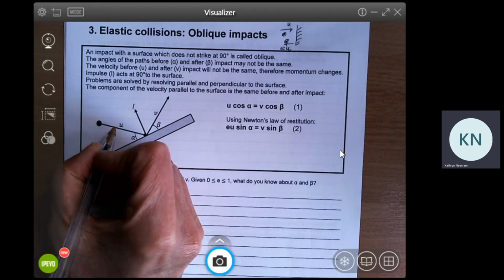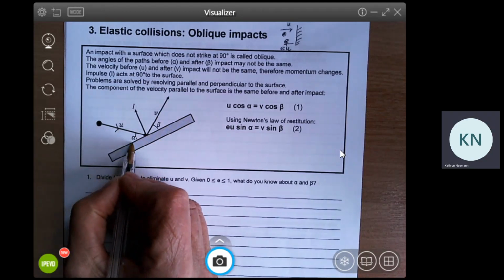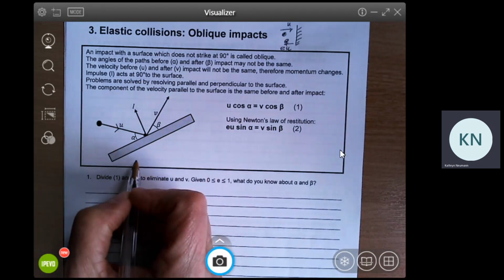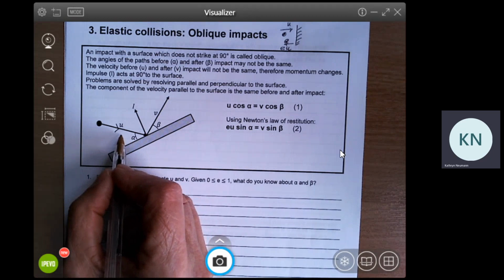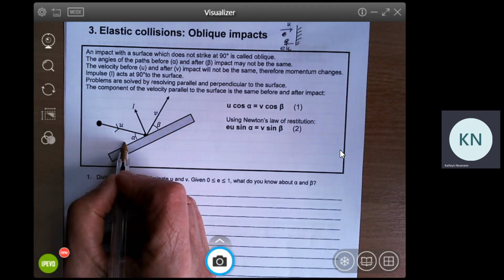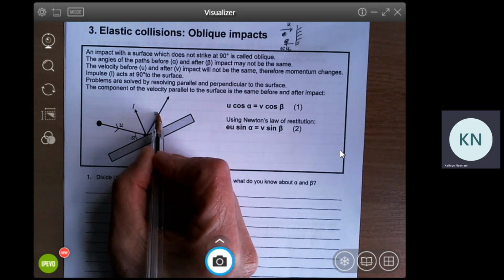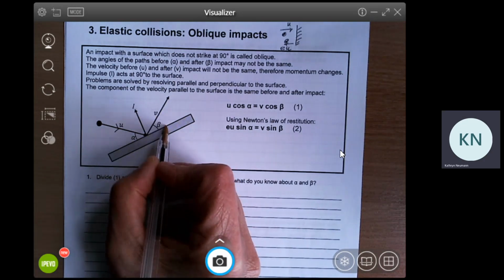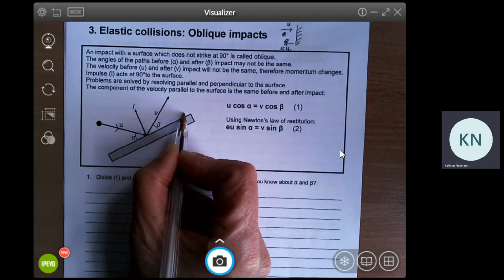So if I look at the initial velocity of u, which is at an angle of alpha to the wall, then parallel to the wall we've got u cos alpha. If we look at the final velocity, we've got v cos beta. Those will be the same because parallel to the wall there is no impulse.